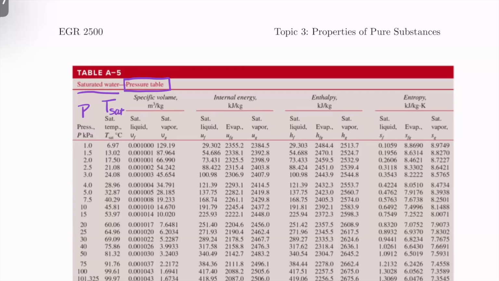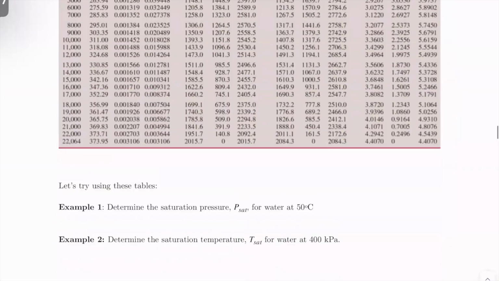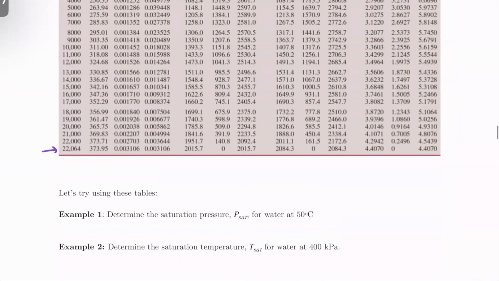All right, and then all the other information is organized in the same way as before, okay? And it is just as long. And you'll notice that we have the same critical point entries.